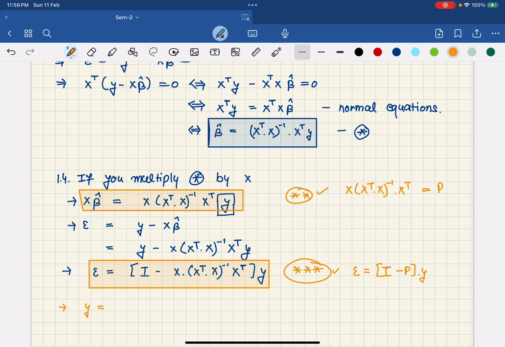So by redefining in this way, your y vector will become P times y plus I minus P times y.